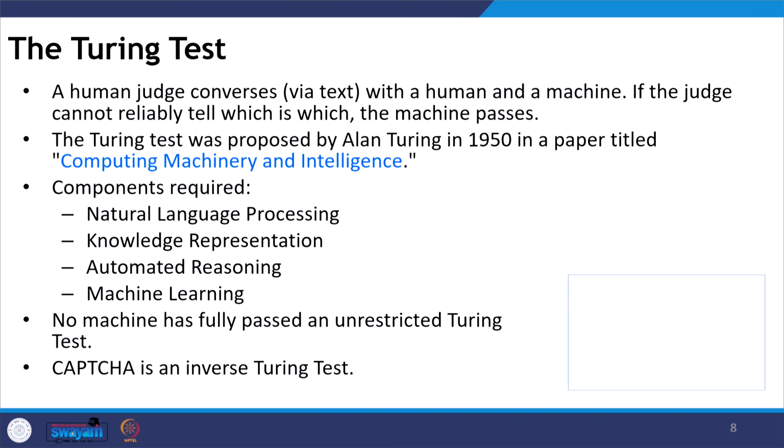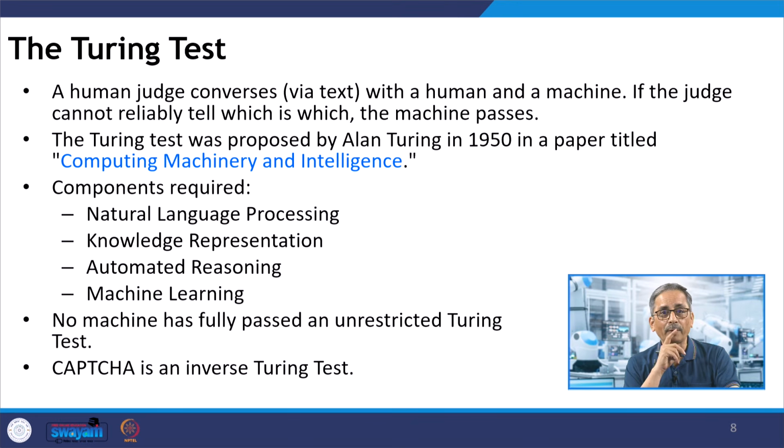Coming to the Turing test, which is a very prominent test to judge whether a system is artificially intelligent or not. The test says that a human judge converses, say via text, with a human and a machine, and if the judge cannot reliably tell which is which, then the machine passes the Turing test.